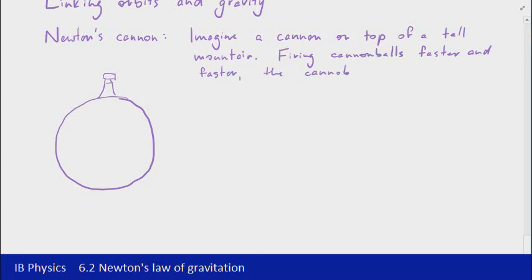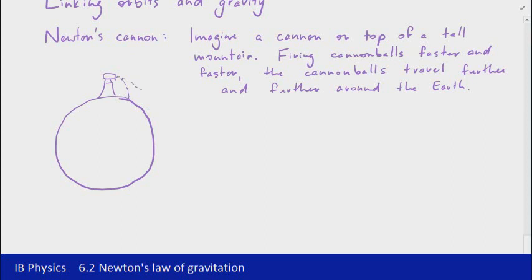However, because the Earth has a spherical shape, they'll actually end up travelling further and further around the Earth. So if we think about a cannonball that's been fired very slowly, initially it might just drop down into this position just below the mountain itself.